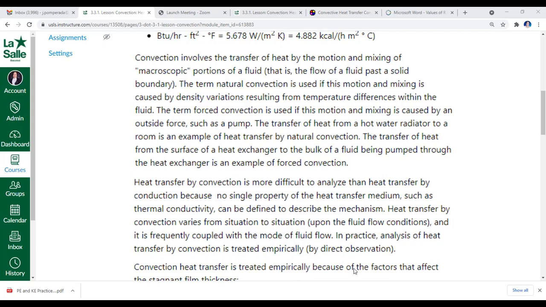Now, the treatment of heat transfer by convection is stated here as empirical because it's dependent on formulas that were also based on empirical data. So unlike conduction, where we can directly use the formula that Fourier provided for us, in the case of convection there is still this challenge of, for example, reading from a particular property table the properties that we will place in a particular formula.